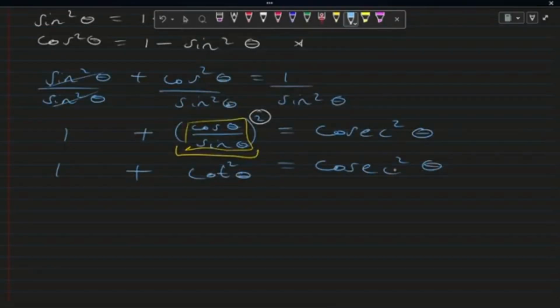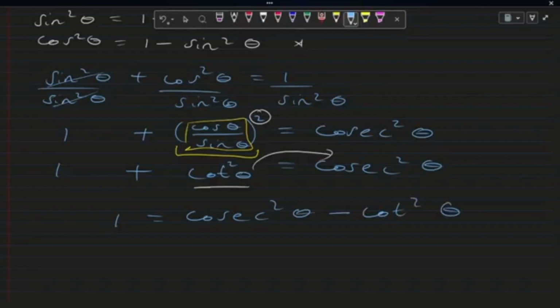Now we get a very interesting identity here, because if I take this to the other side, we find another identity that says cosec squared, not cos squared, but cosec squared of theta minus cot squared of theta gives us a value of 1.